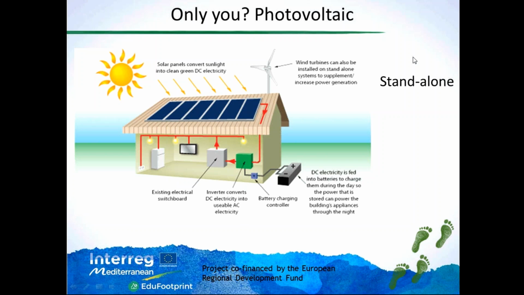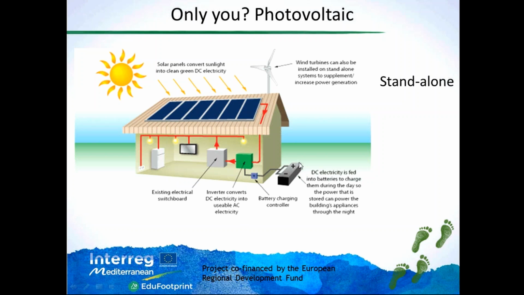So the variable character of this renewable energy does not allow the user to completely rely on these sources. This is a typical feature of renewables, and in this case, in the standalone system, we have to install a battery pack.